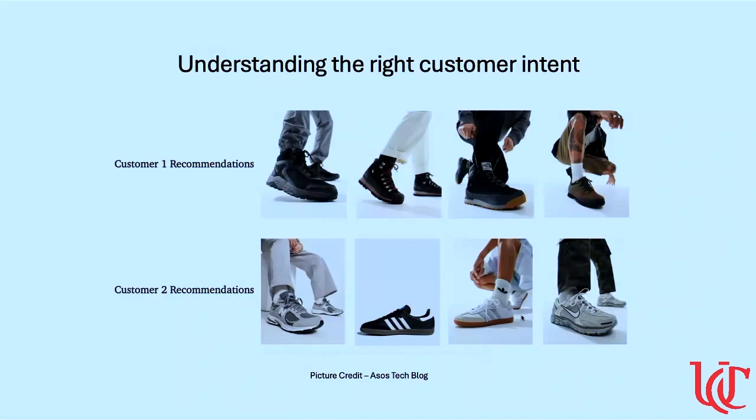But for the second customer, these pairs of shoes also work fairly well because the customer is trying to get to streetwear or more casual wear. So as long as we understand the customer intent correctly, the recommendations tend to get better. And that's the whole idea behind why we model our products as a sequence of how the user is interacting.